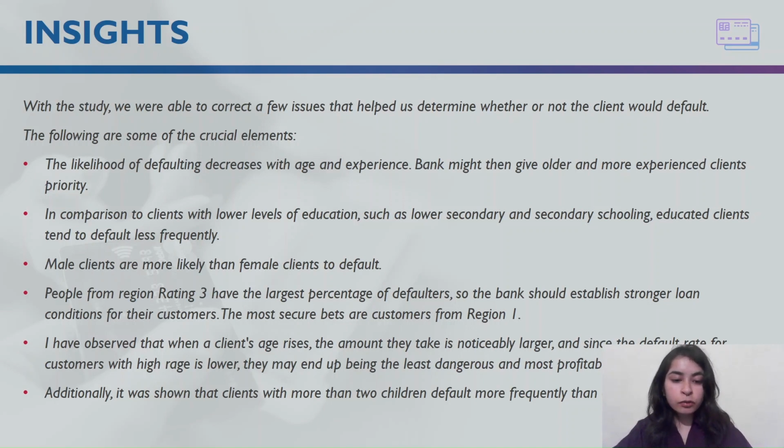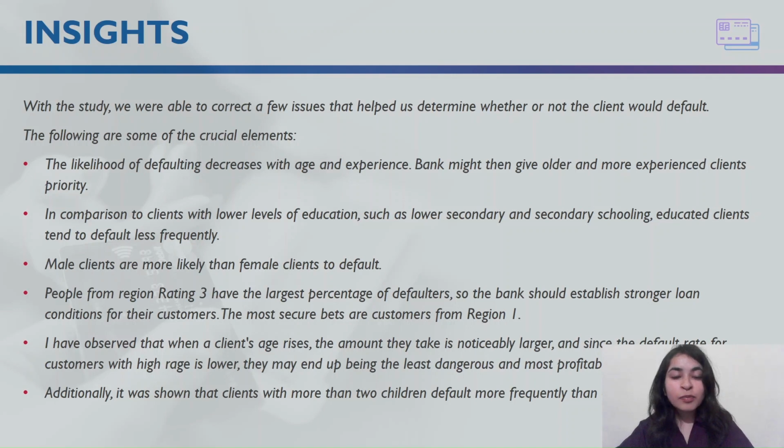Additionally, it was shown that clients with more than two children default more frequently than other clients. We have explained that also. So from all of this analysis, we can conclude that for the bank the best kind of clients would be female clients which have a higher education, have higher experience, and have like 1 to 2 children.